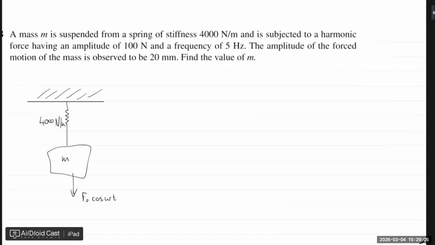We know that the beginning force is just K times the static deflection. So the static deflection is then just F0 over K. That's just to get the beginning, because we need the beginning, obviously. So it's 100 divided by 4,000, and that's 0.025.